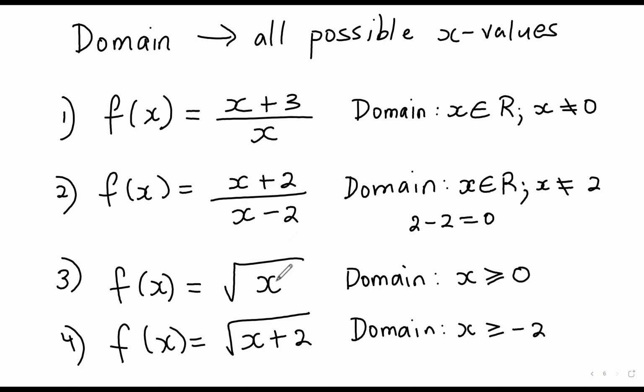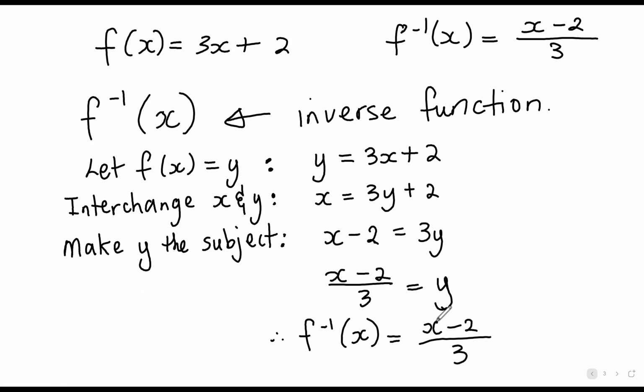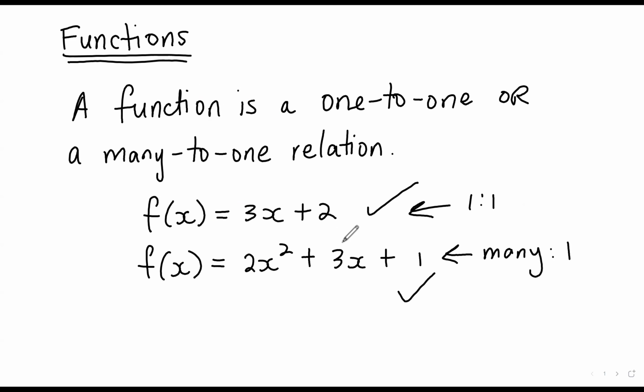In that case, whatever is inside of the square root cannot be a negative number, as you cannot take the root of a negative number. So that is a little brainstorming session about functions, and that's pretty much most of what you have to know in order to solve the functions question.